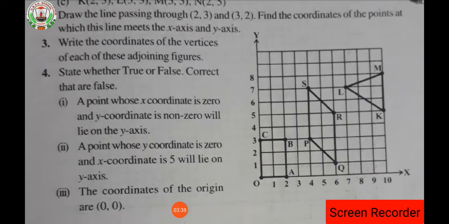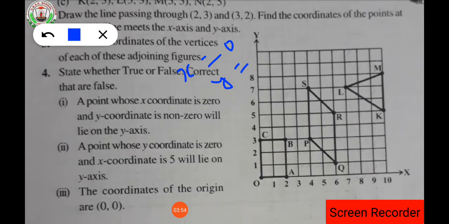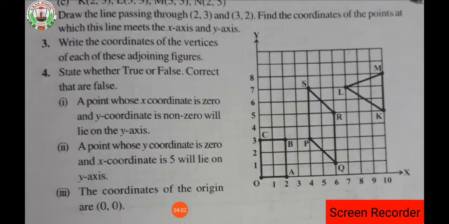Is it true? If the x coordinate is 0 and y is non-zero, non-zero means it should have some value. Suppose we take y as 3, then x is 0 and y is 3. So what are the coordinates? They are (0, 3). So of course it's a true statement, isn't it?